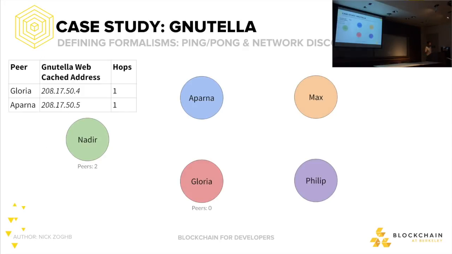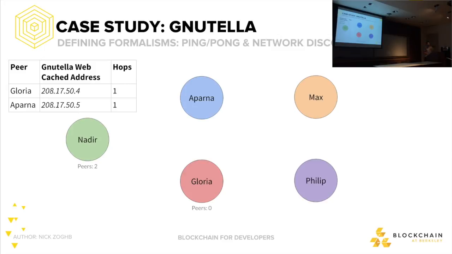So speaking of Gossip Protocol, after the death of Napster, people started collaborating and started building this open source network called Gnutella.